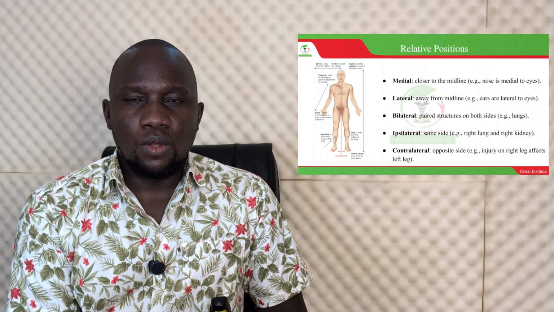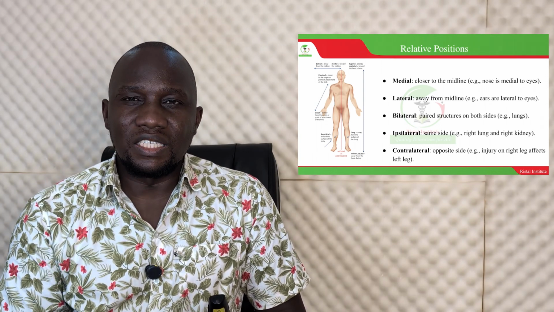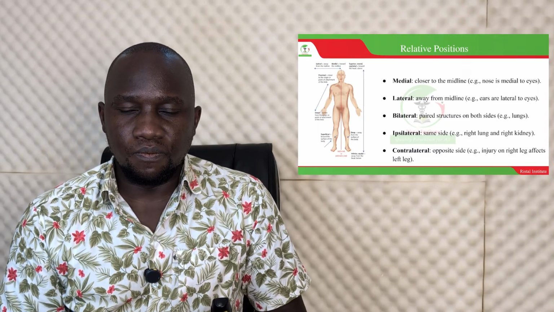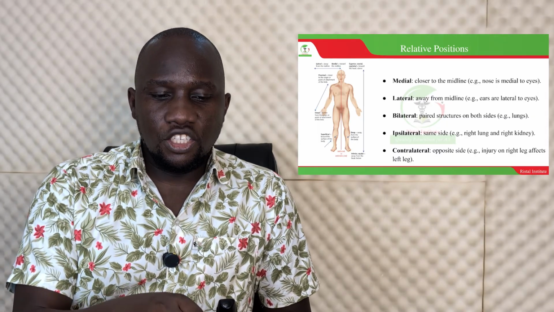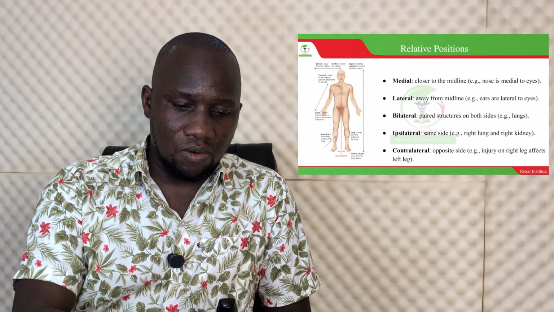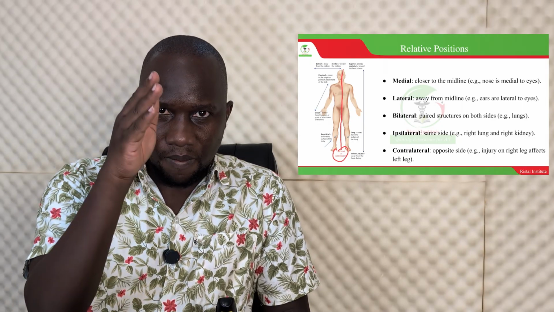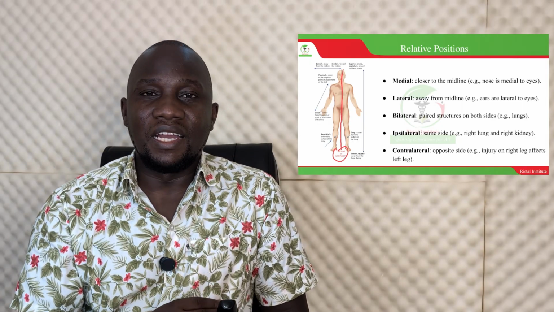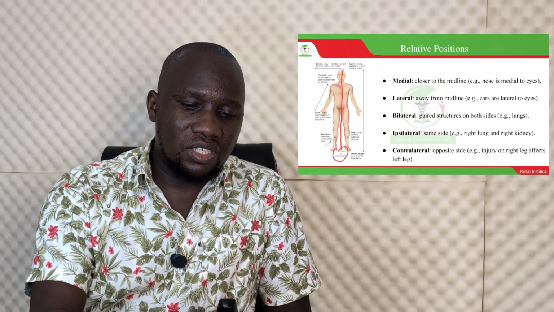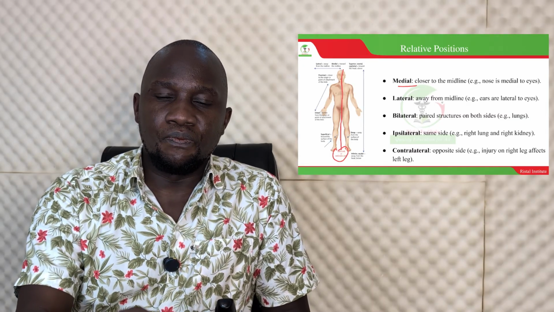Then we move to the terms medial and lateral. We shall look at these terms together. Medial is in reference to the midline. We can call this the median line. This red line that you see here is the midline or the median line. So the part which is closer to this line, we say that part is medial.